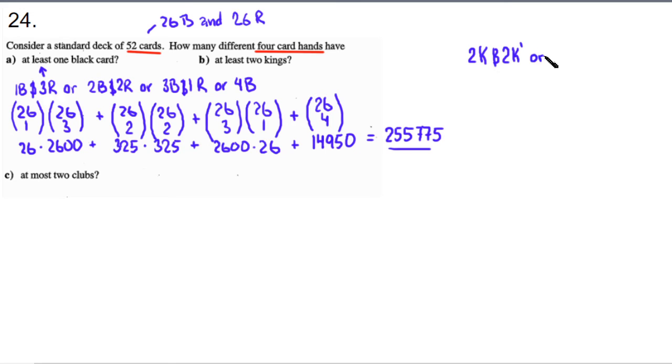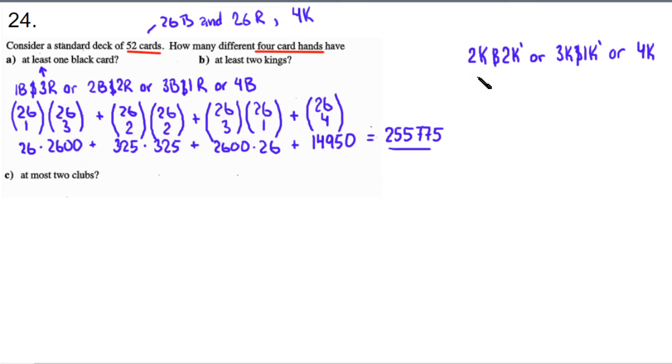Or we can have 3 kings and 1 other card, or we can have 4 kings. All right. So in a standard deck of 52 cards, we will have 4 kings, 1 of each suit. Okay, 2 of each color, so 2 black and 2 red.